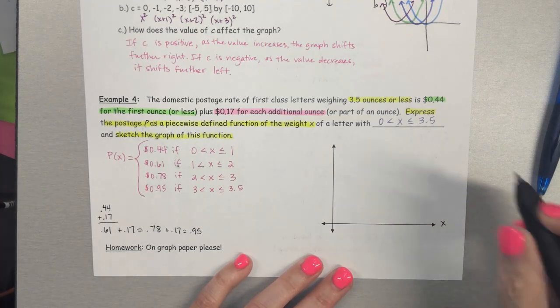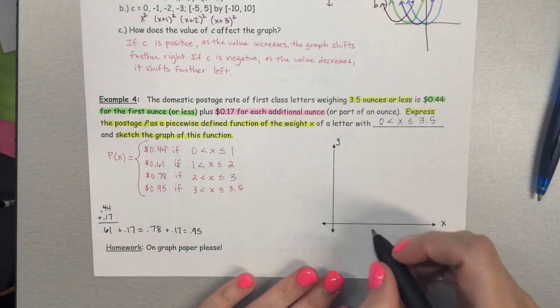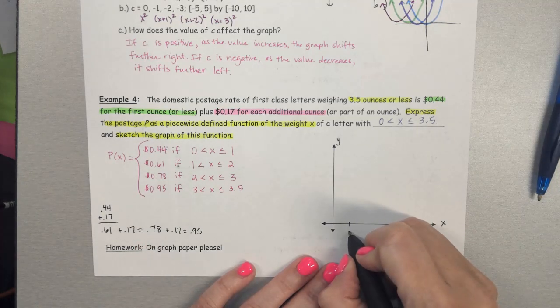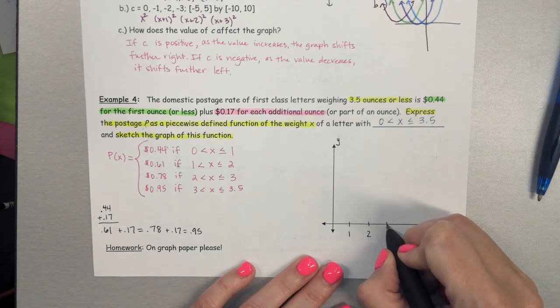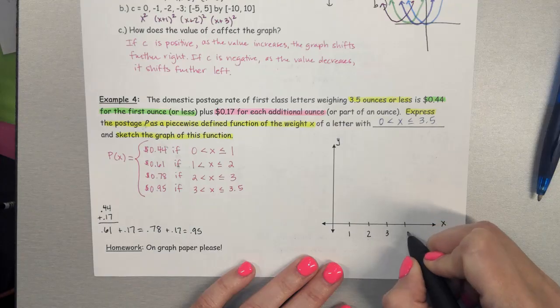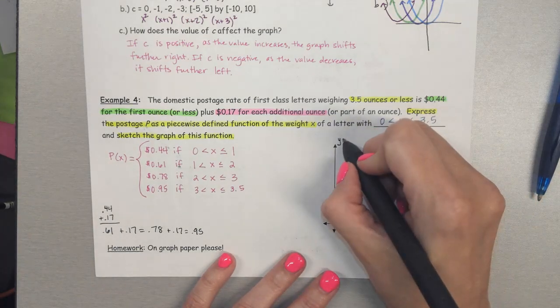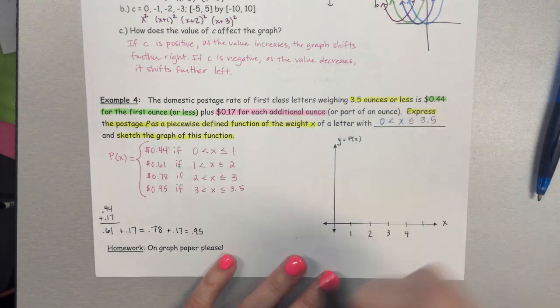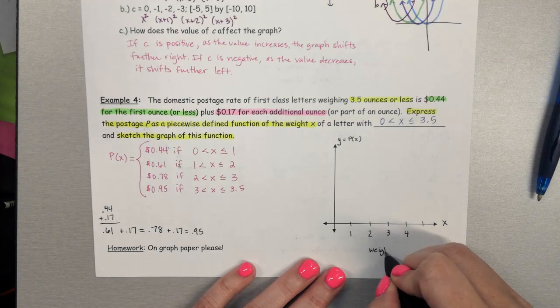Okay, so then we're going to graph this. And the more consistent you can make your tick marks, the nicer this will look. So I have 1, 2, 3, up to 4. And then let's think of a good scale for the P of X. So our X is our weight in ounces.